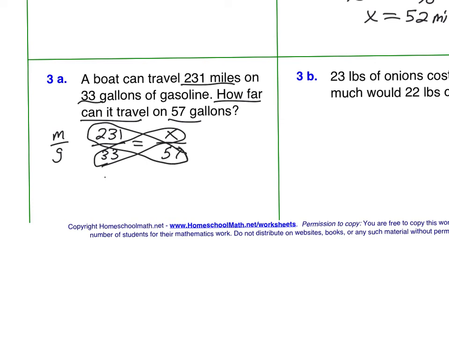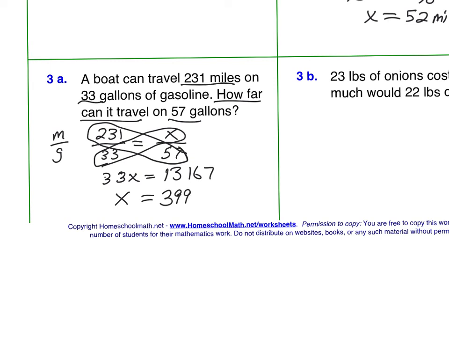Cross multiply, 33x equals, so now we take 231 and multiply it by 57, and I get 13,167, and I divide that by 33 because that's the number in front of the x, and I get 399.